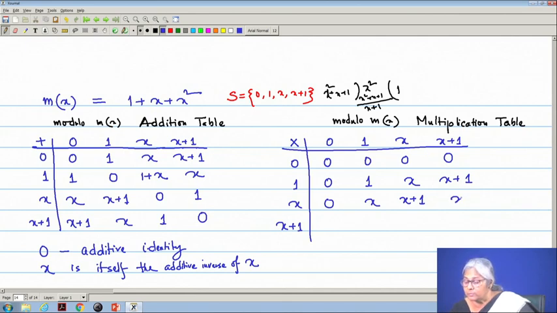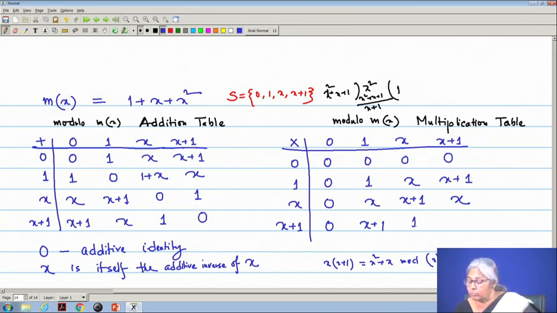So, this becomes x. Similarly, x into x plus 1 is x square plus x, and if I take modulo x square plus x plus 1 my mx, then if I divide, x square plus x and x square plus x will vanish.